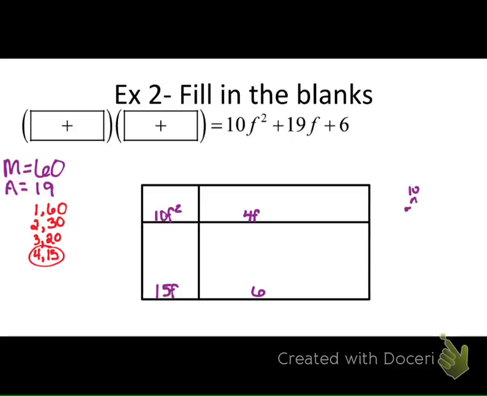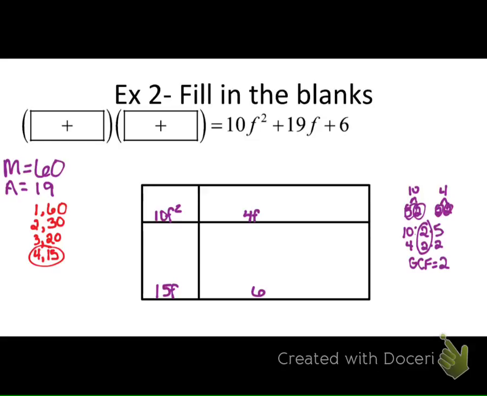So I have 10, I have 5 and 2. 4, I have 2 and 2. Circle those prime numbers. 10 is 2 times 5. 4 is 2 times 2. I have a 2 in common with both of those. So my greatest common factor is going to be 2.